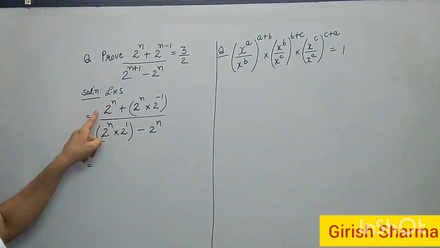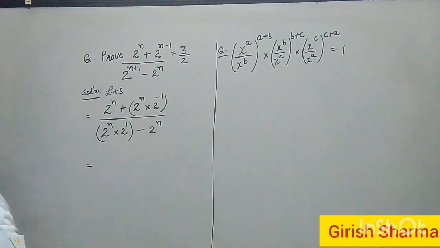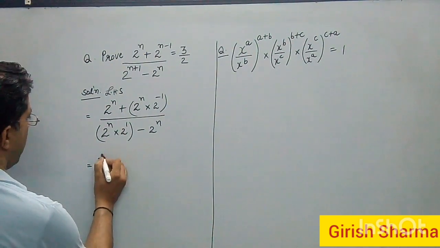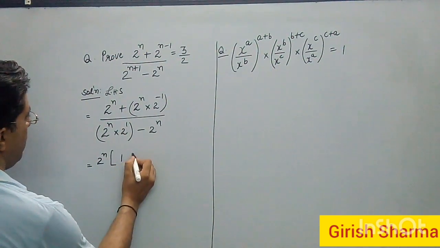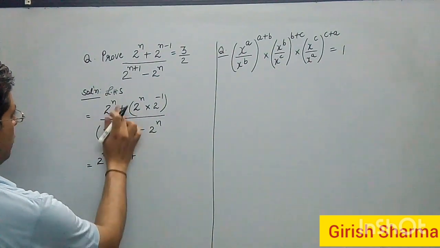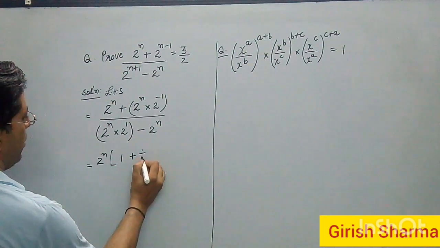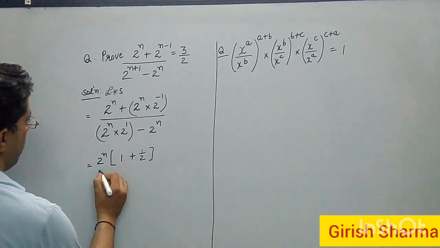In the numerator, you see 2 power n is common from both the terms. 2 power n, what is remaining? 1, and in this place 1, then plus, here 2 power minus 1, I am writing 1 upon 2.